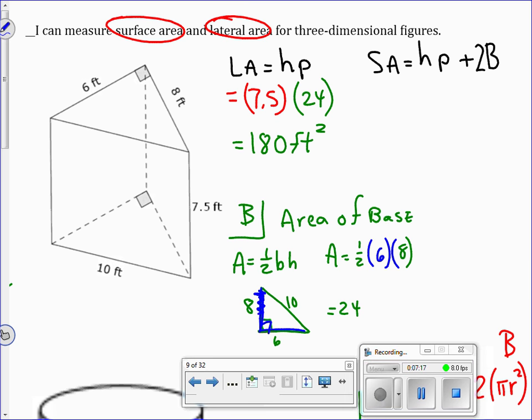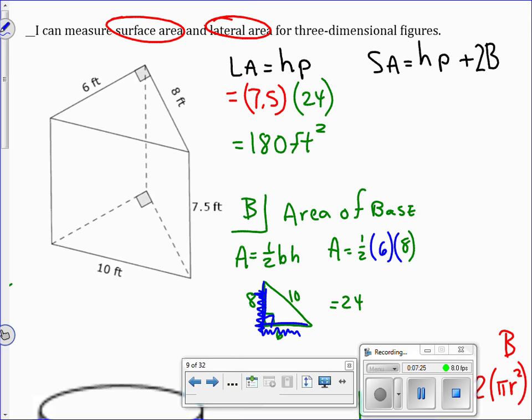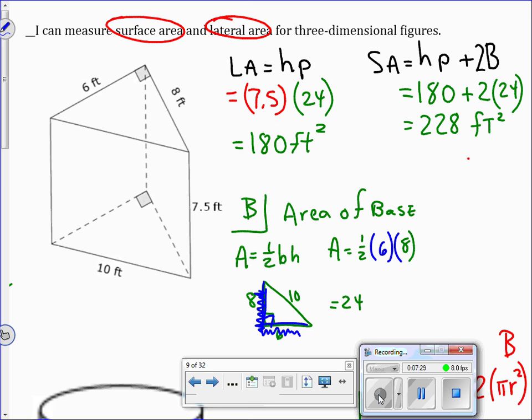What I can do is use this side, which is perpendicular to this side, and call one the base and one the height. When I do that, I get an area for the triangle of 24. I can just throw that into that formula: 2 times that 24, because that's the area of the base. So I throw it in there, and I've got myself 228 square feet needed to cover this entire shape: the two top and bottom bases, and all the sides.